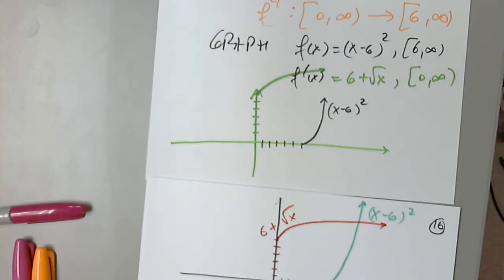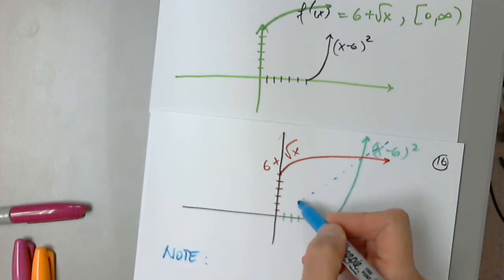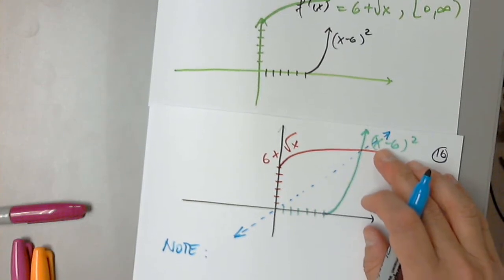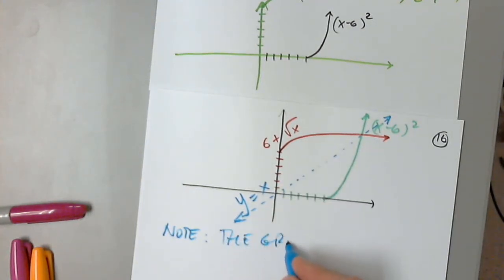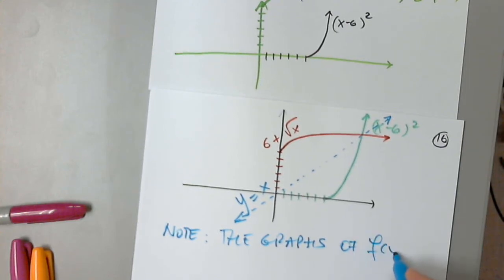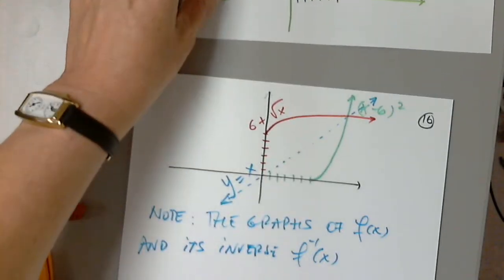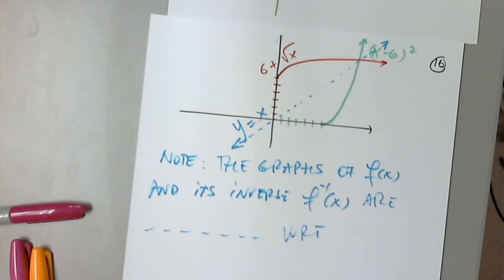And we're going to write a note. Which function is this? Yes. The graphs of f of x and its inverse, f inverse of x, are symmetric with respect to the line.